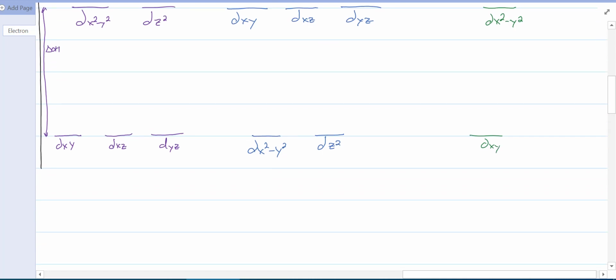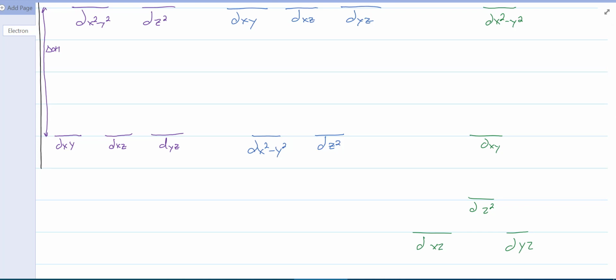And then you have dz squared, d, I want to say it's xz. You have to forgive me. I don't know, I gotta look that up again. And then d yz maybe. Don't quote me on these down here. I have to look them up. So yes, this is right.